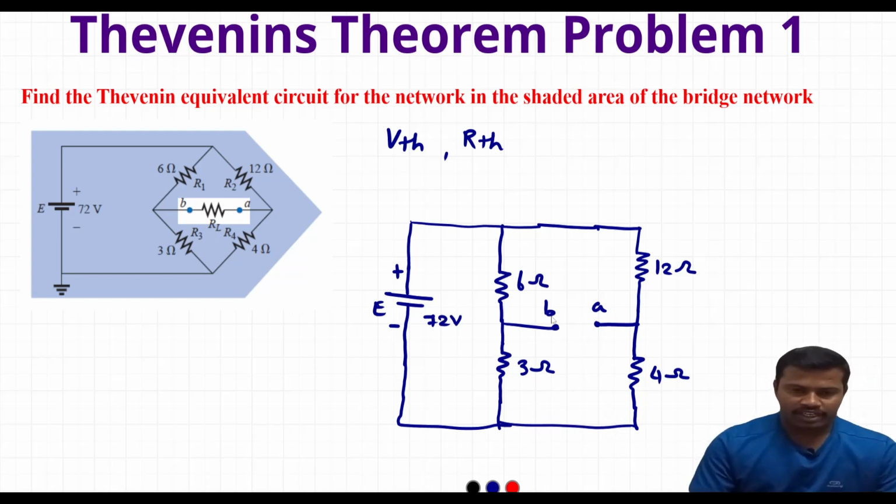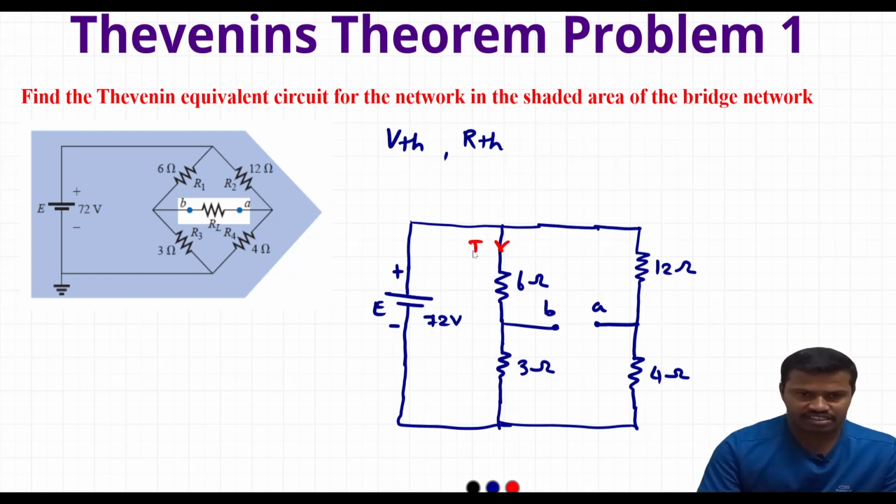To find the voltage at terminals B and A, we are going to use the parallel combination formula. The 6 ohm and 3 ohm resistors are connected in parallel with the 72 volt source. The current flowing through the 6 ohm and 3 ohm resistors is I1, and the current flowing through the 12 ohm and 4 ohm resistors is I2.